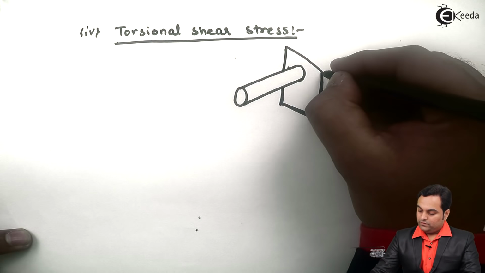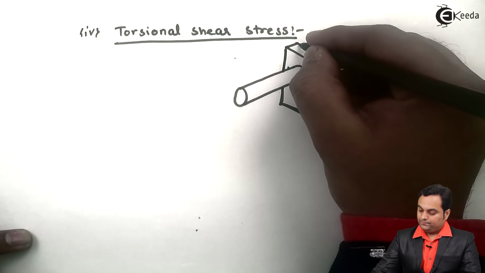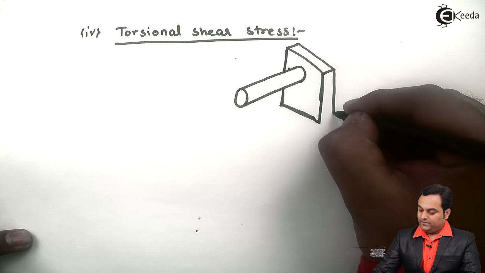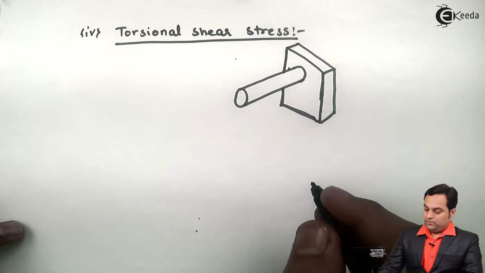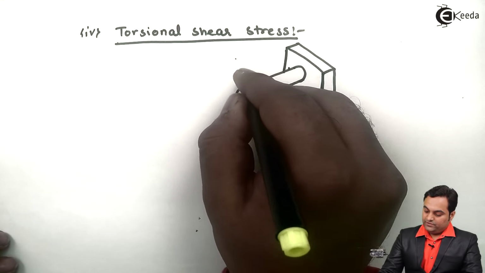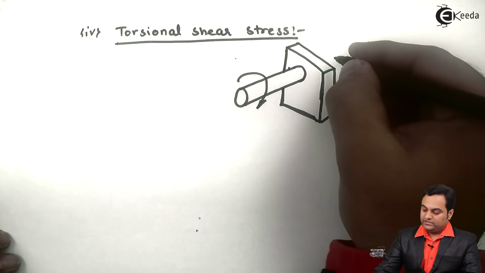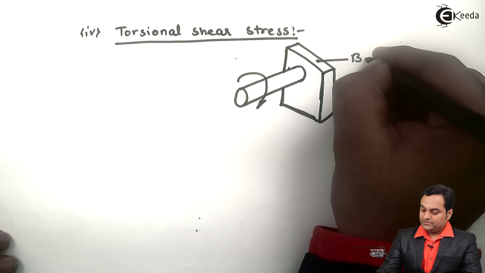Here I have drawn a shaft and a bearing. Now, this shaft would be subjected to rotation, whereas this bearing is stationary.